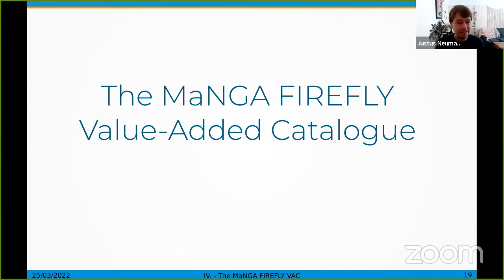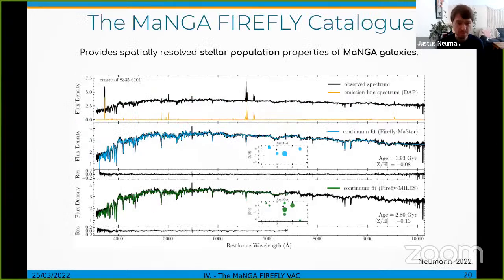This is the MaNGA FIREFLY catalog, a catalog that we created of resolved stellar populations of the MaNGA galaxies. I will shortly present this to you. What we do is look at all the spectra across all the galaxies and fit the spectra with stellar population models to obtain stellar population parameters such as ages and metallicities of these galaxies, which is shown here as a typical example.